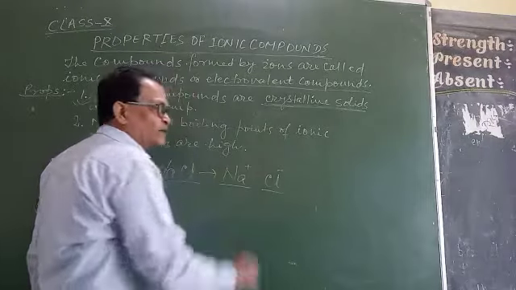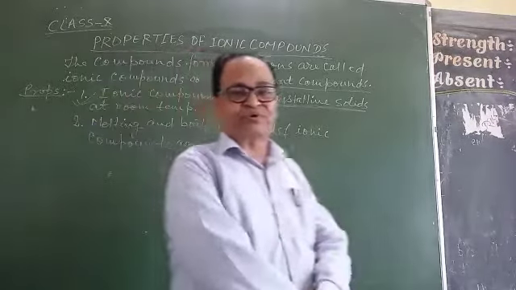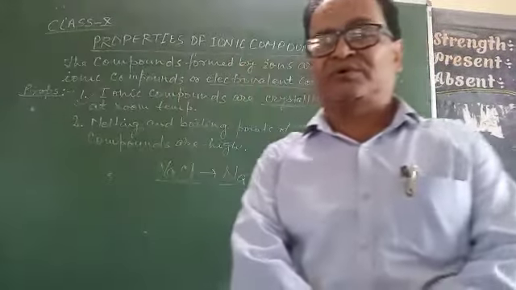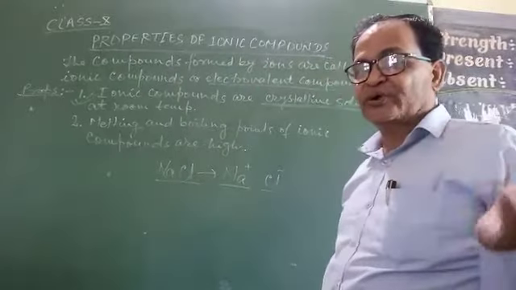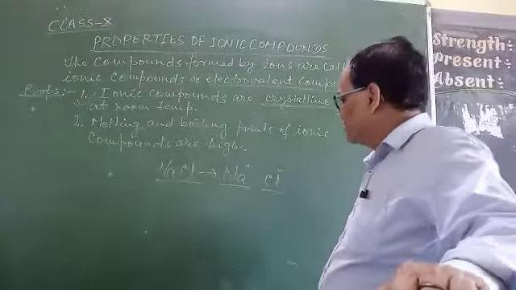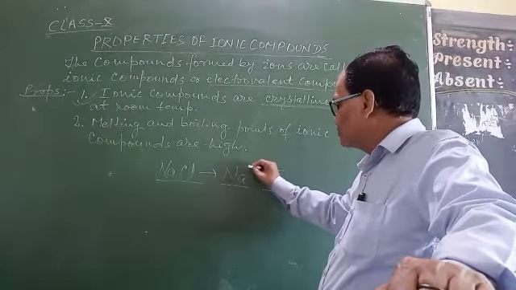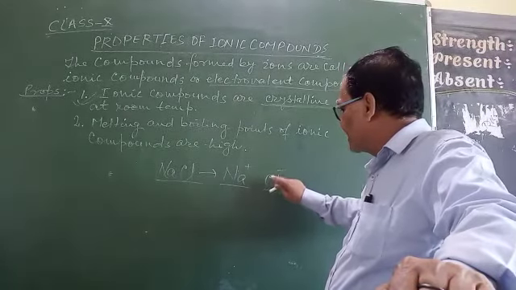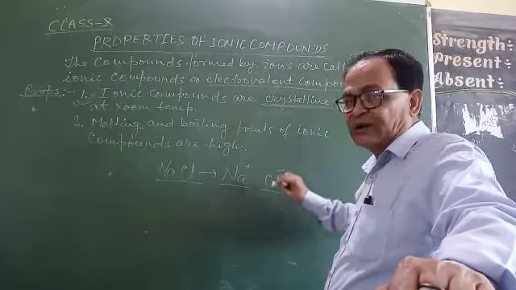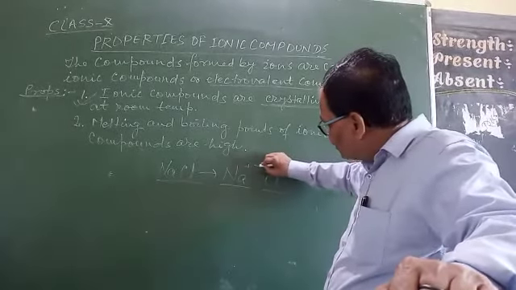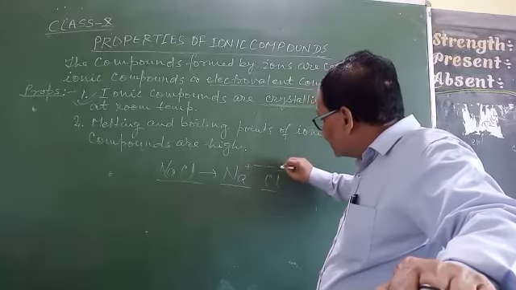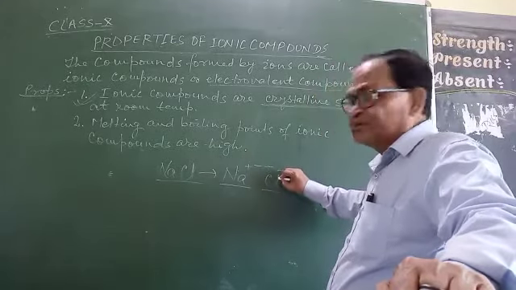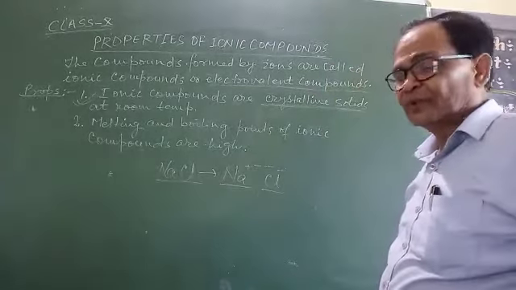We know that the electrostatic force, a non-contact force, is developed between two dissimilar charges. Here the sodium ion is positively charged and the chloride ion is negatively charged. So a strong electrostatic force binds these two ions together.